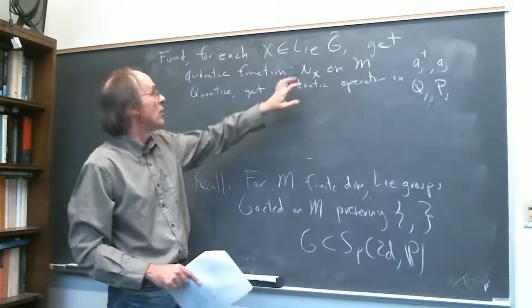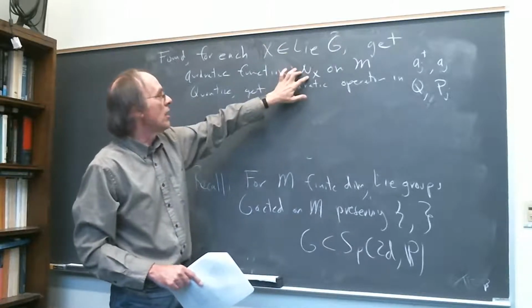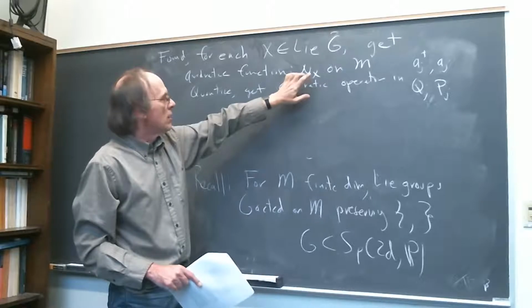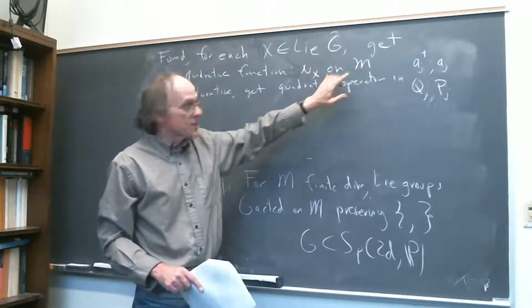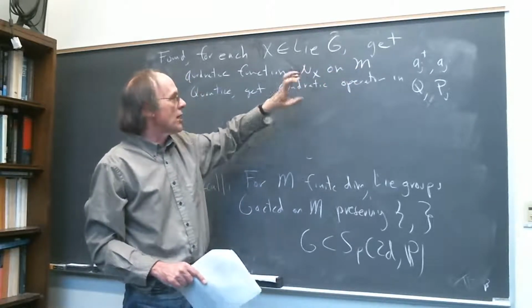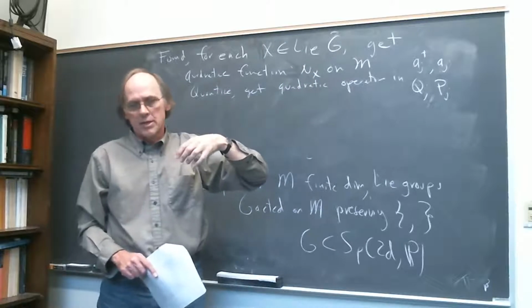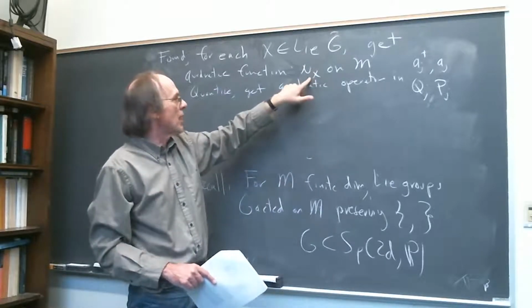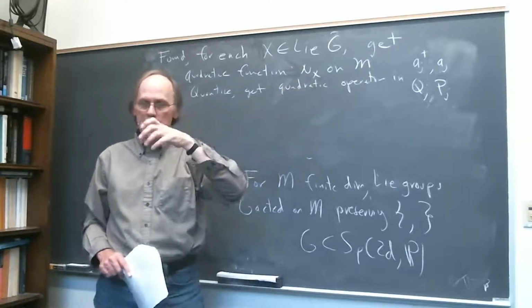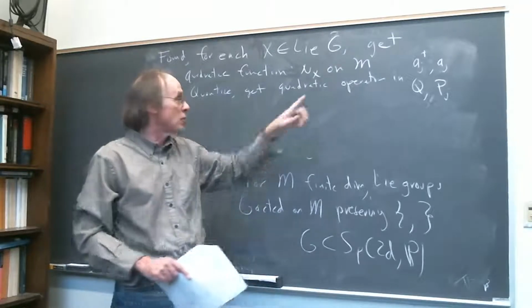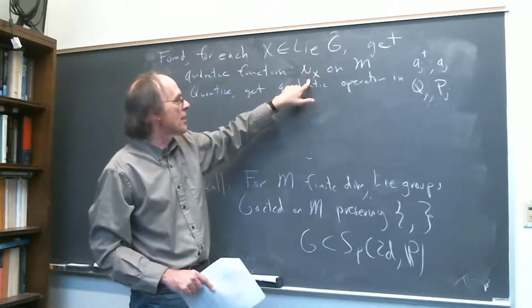There's some corresponding quadratic function on M, which is sometimes called the generator of the symmetry. The Poisson bracket by this gives you the infinitesimal change of some function by mu sub x.